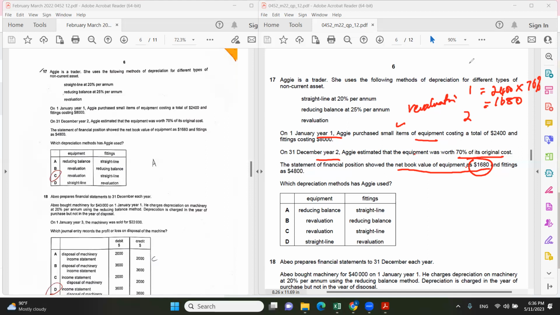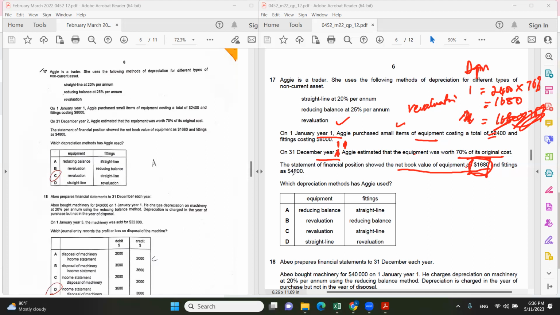Second year, I'm calculating depreciation under revaluation, so 1680 times 70% again. I think something is wrong. This should be 1 year only, because based on the calculation this is 1,006. That means this should be a typo. This one should be year 1 only.